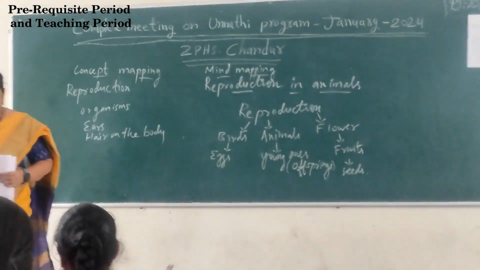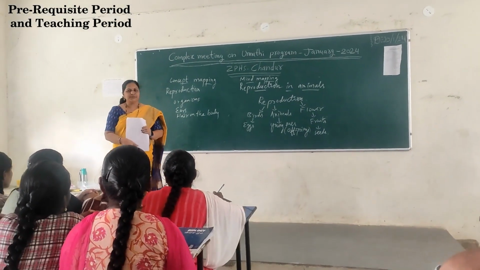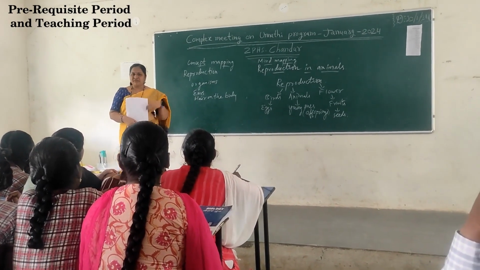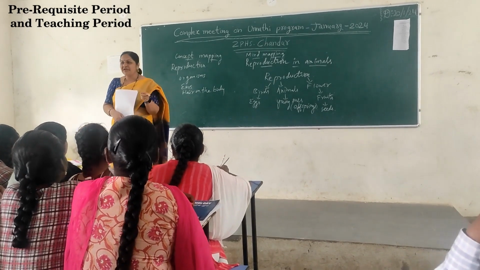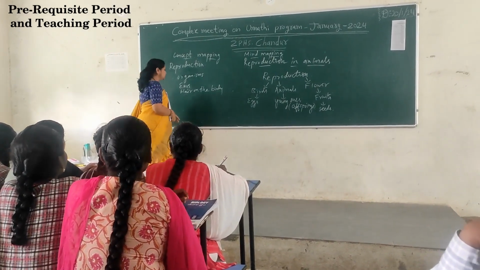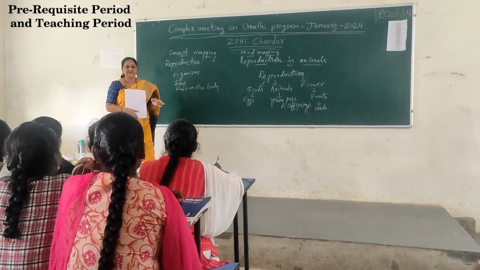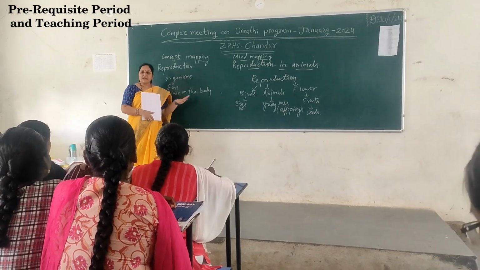Give examples. Goat. Yes, goat. Yes, buffalo. Rabbit. Yes, rat. We all are having ears. So human beings also. So human beings, rabbits, goats, buffalo, we can give many examples. Most of the animals are having ears and also having hair on the body.